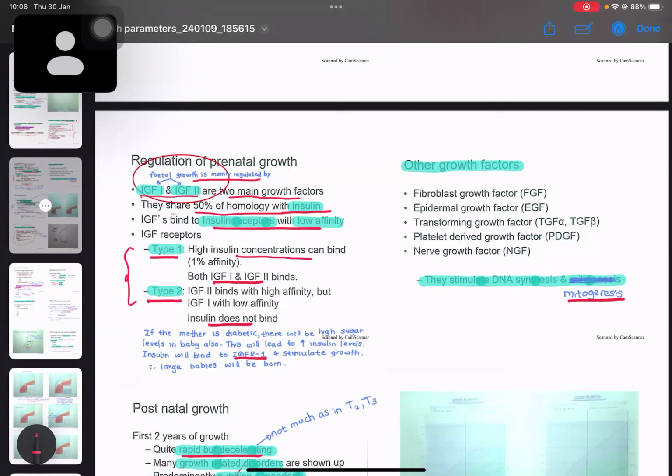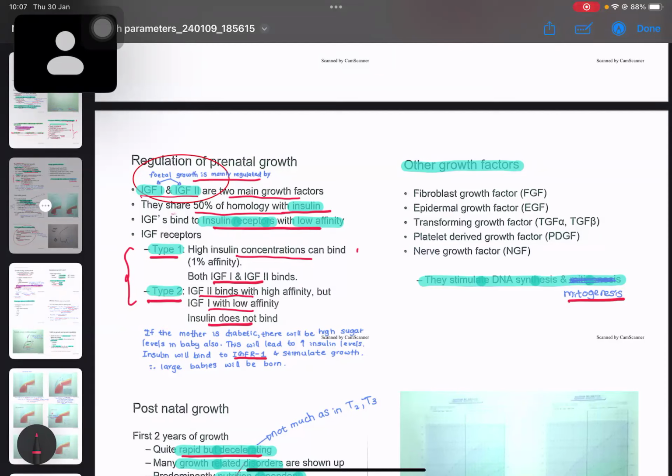Both IGF-1 and IGF-2 bind to the type 1 IGF receptor. IGF-2 binds with high affinity, but IGF-1 binds with low affinity to the type 2 receptor, and insulin will not bind to the type 2 receptor. Don't bother about these things, but remember, IGF-1 and IGF-2 are important for prenatal growth.